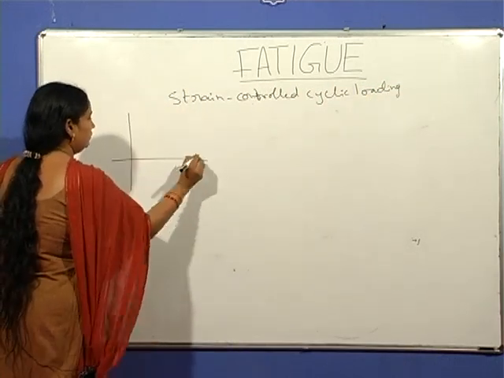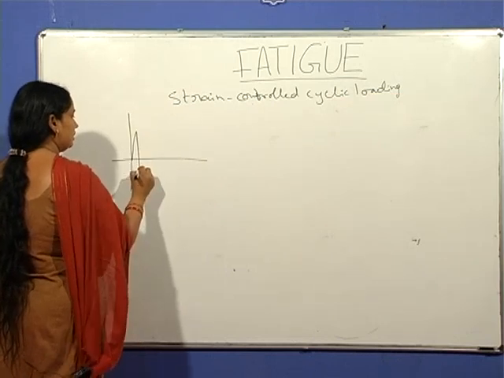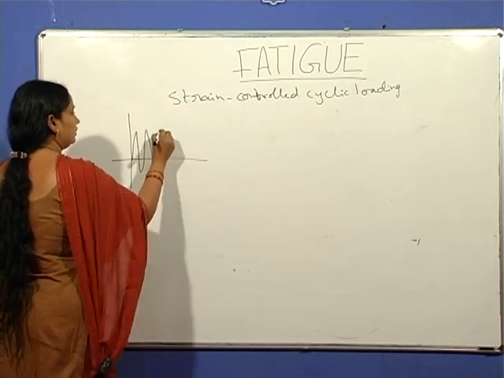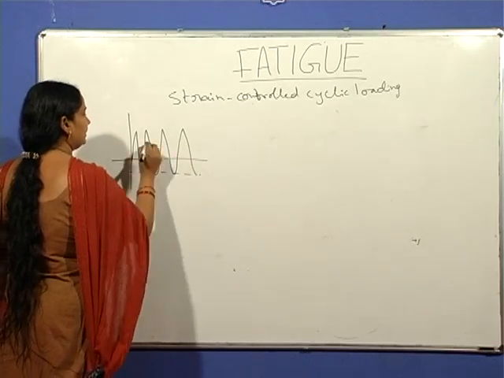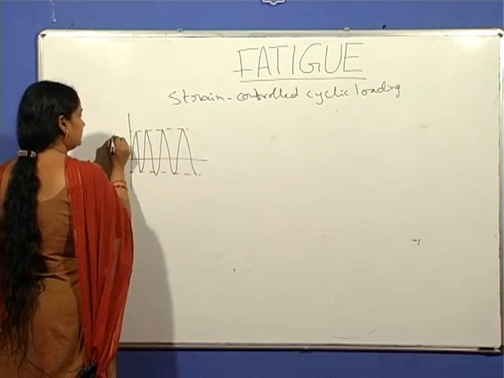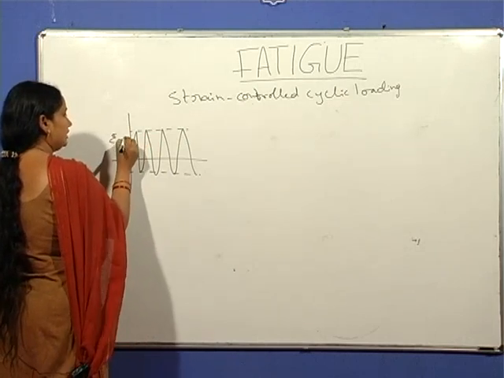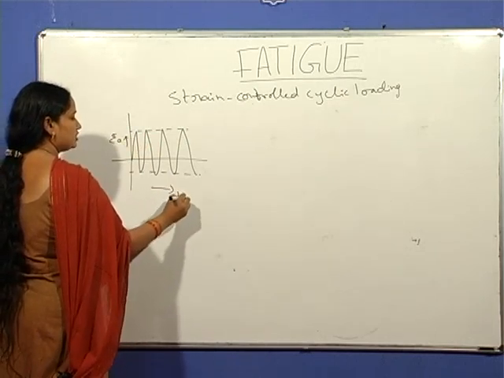The left side is the strain control, the parameter that is held constant, which is the strain amplitude with respect to time.